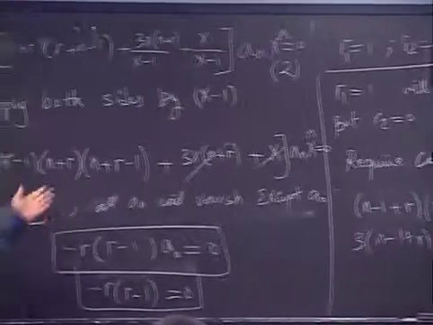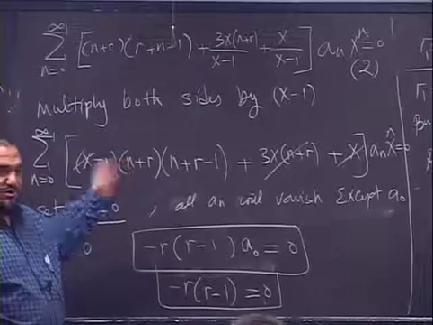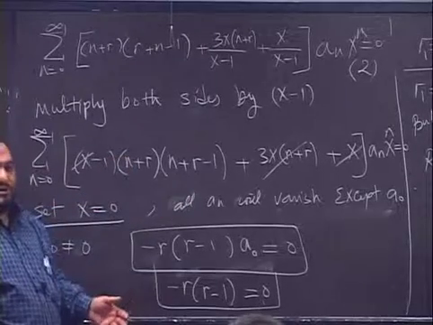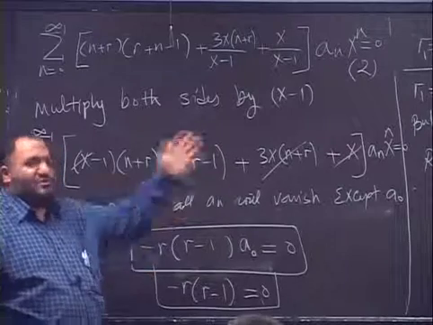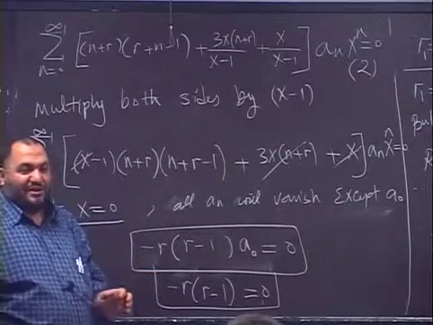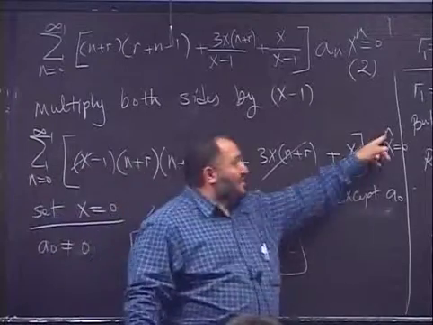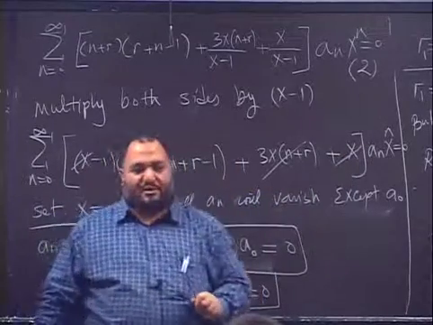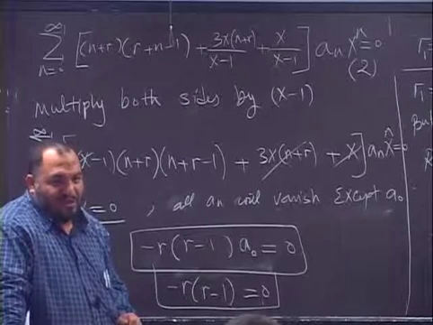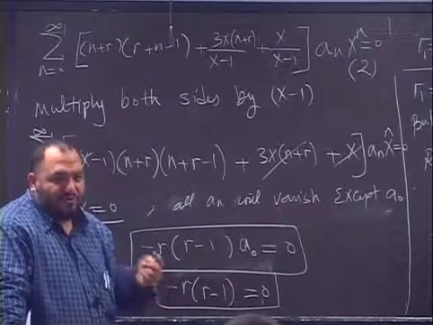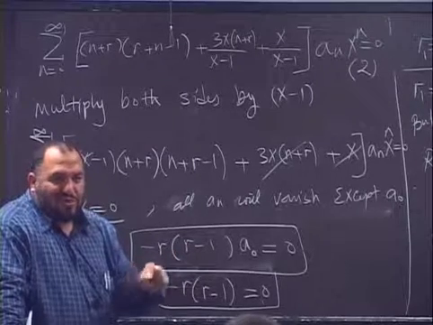Okay guys, because you do not have equal exponents. You do not have all of them as x to the power of n. When all of them are x to the power of n, it's easy just to pick up the coefficients for x to the power of n. But in this case, this x, if you multiply it by x to the power of n, will give you x to the power of n plus 1. So you cannot take the coefficient for x to the power of n plus 1. You have to take the coefficient for x to the power of n. So I can substitute n equal to n minus 1.